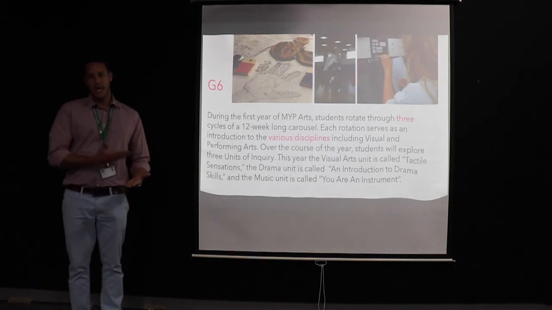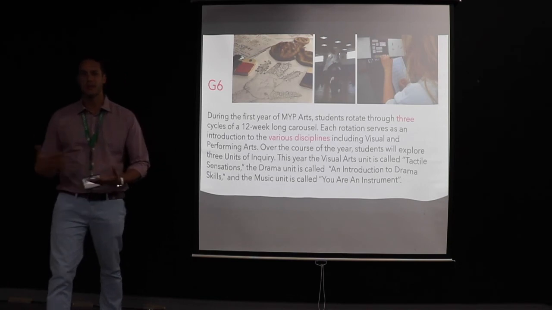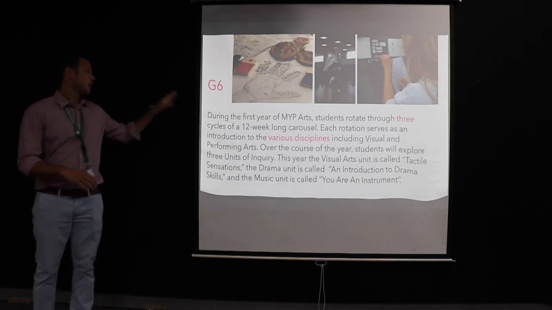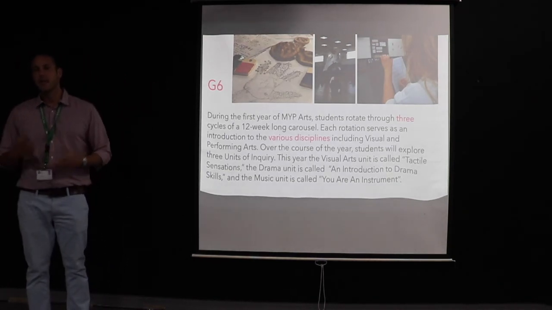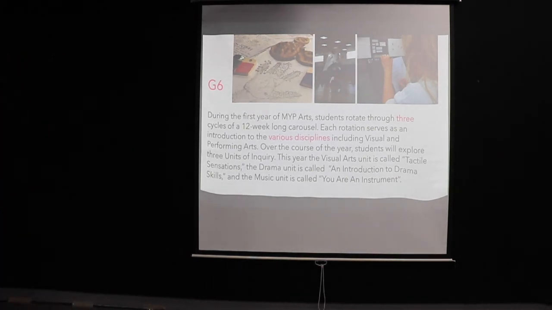The whole aim from grade 6 to grade 8, sorry that I'm repeating a little bit now, is to expose students to a variety of disciplines, okay, for them to get to try out and test what the different disciplines have to offer. Okay.